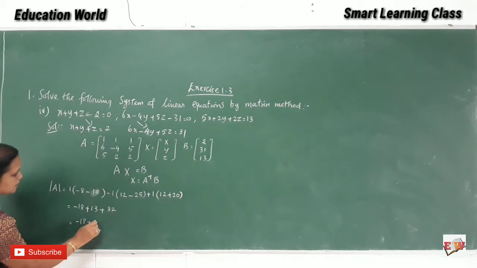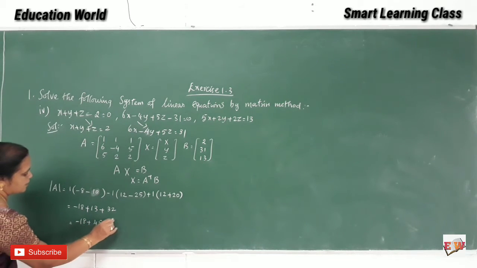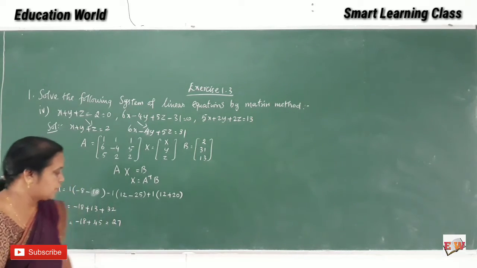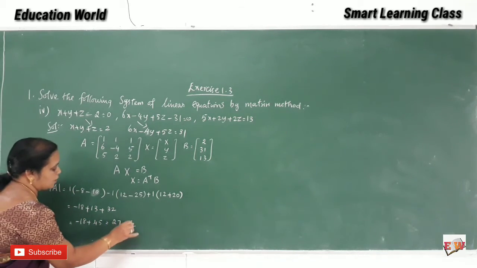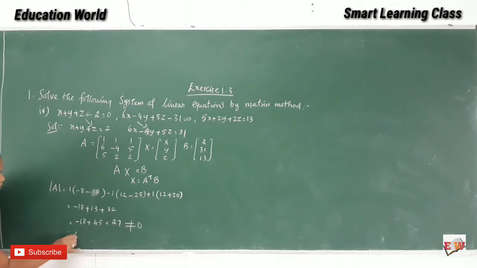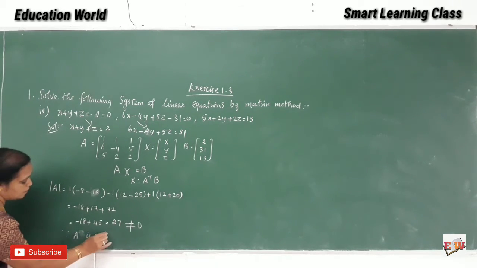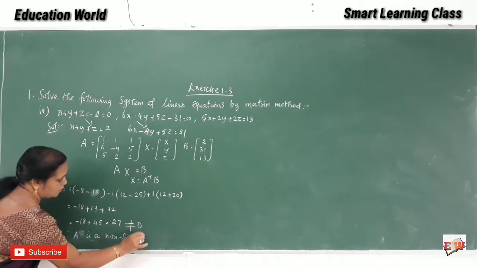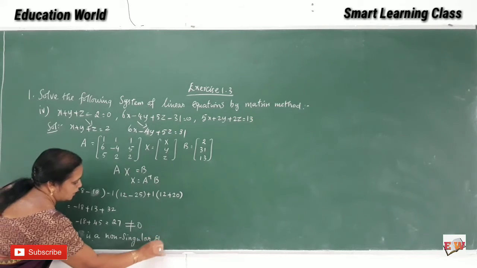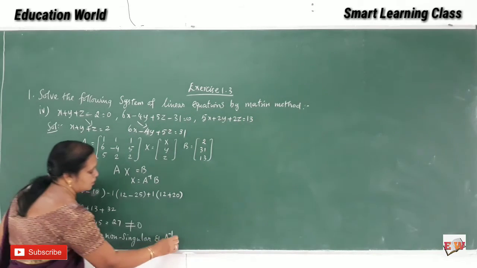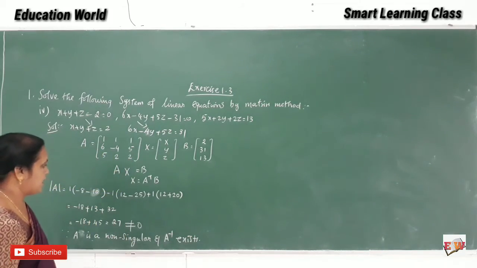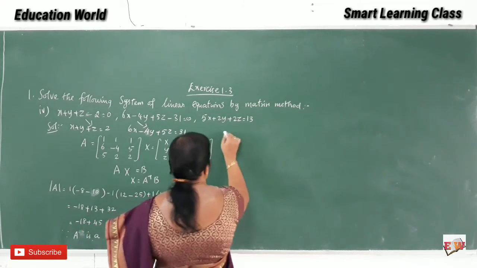Minus 18 plus 45 is equal to 27. The determinant of A is equal to 27, not equal to 0. So A is non-singular and A inverse exists.